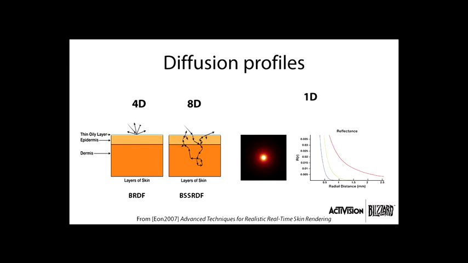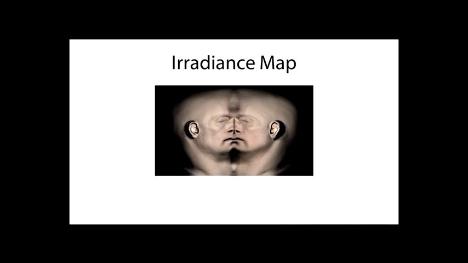So for example, the red color will actually travel more beneath the object and will look more blurred than the blue colors will be. So applying a diffusion profile consists of blurring this irradiance texture with a 2-dimensional convolution, which unfortunately is really expensive.